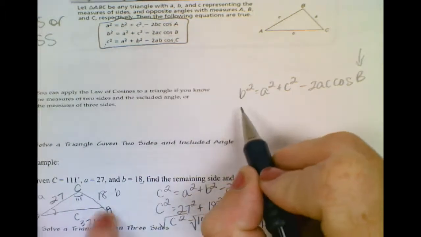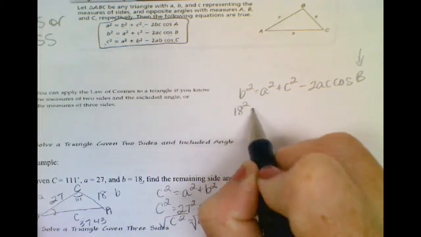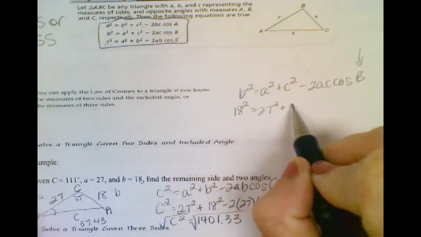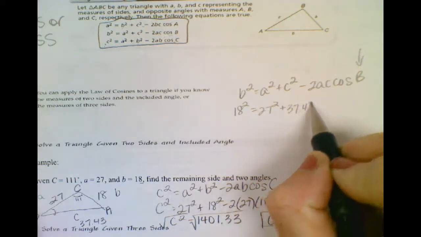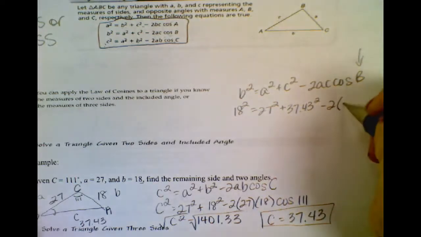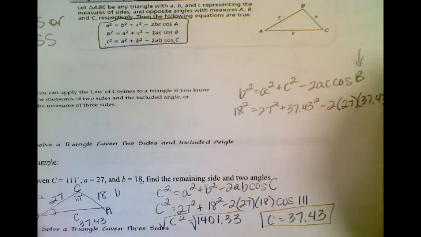I've got a B value of 18, an A value of 27, C value of 37.43, minus 2 times 27, 37.43, and then finding the cosine of B.